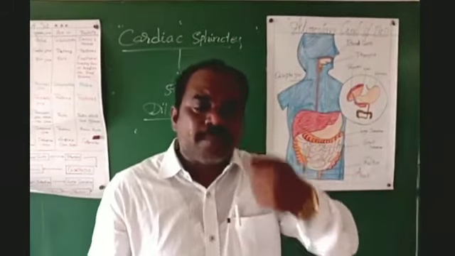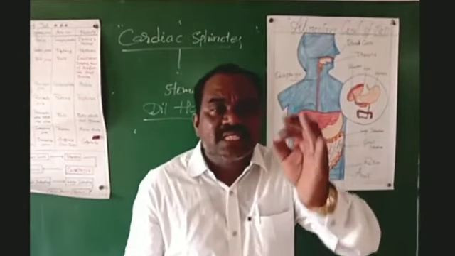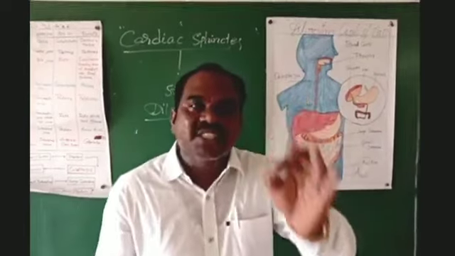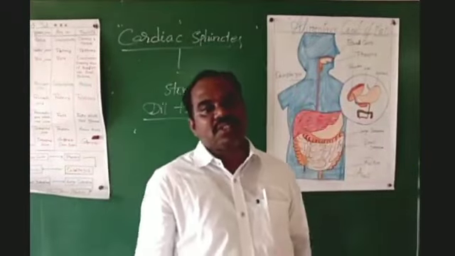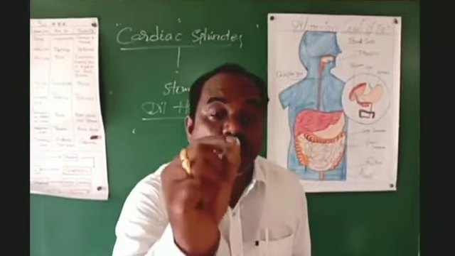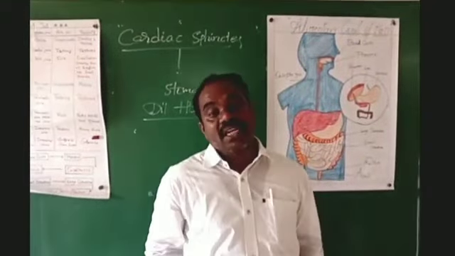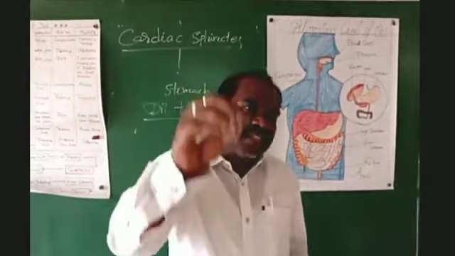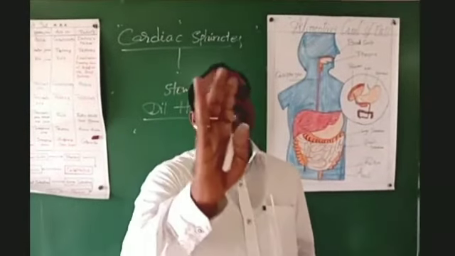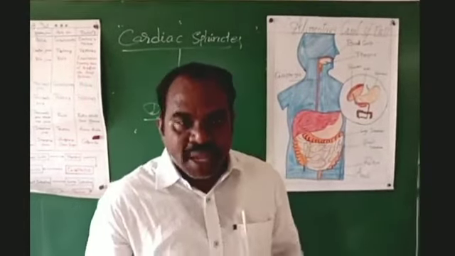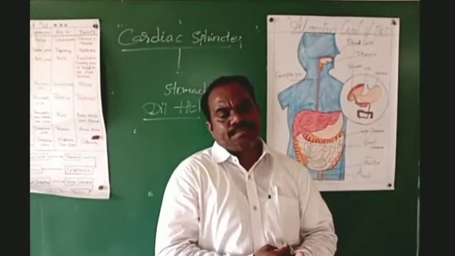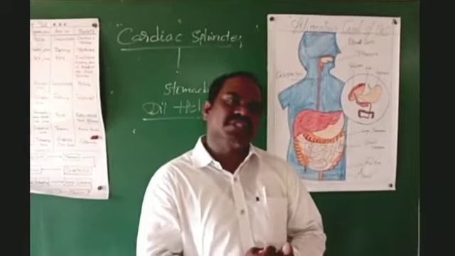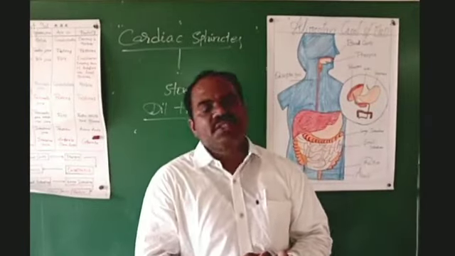Hydrochloric acid helps kill the microorganisms and bacteria present in the food materials. What is the use of hydrochloric acid in our stomach? It kills the bacteria present in the food materials, and it also maintains the acidic nature of the food materials in the stomach.